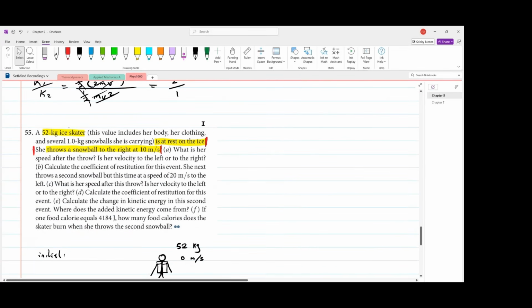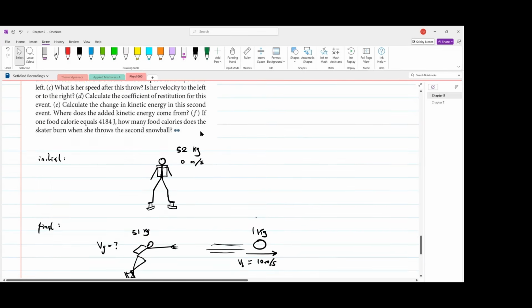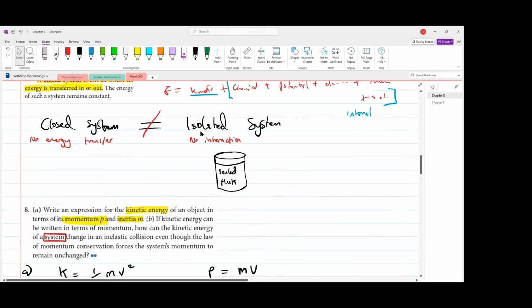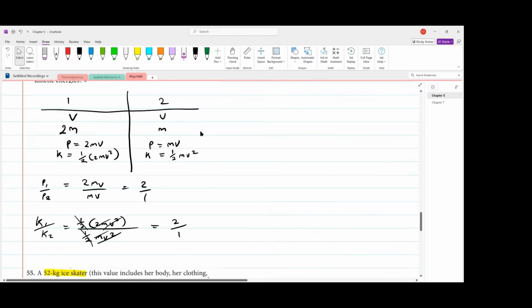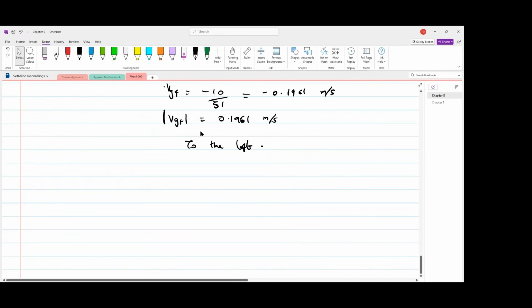Now B says calculate the coefficient of restitution for this event. If you remember, we have that formula for coefficient of restitution. E is equal to negative V2 final minus V1 final divided by V2 initial minus V1 initial.